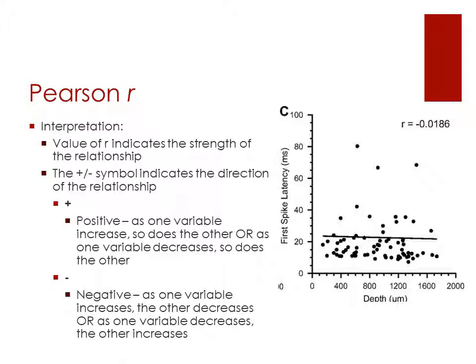The value there, 0.0186, means there's not much of a relationship between these two different values. And indeed, you can see that when you're looking at it, both in terms of where the data points are scattered around, and also where they've plotted the line for the linear relationship. You can see it's relatively flat.